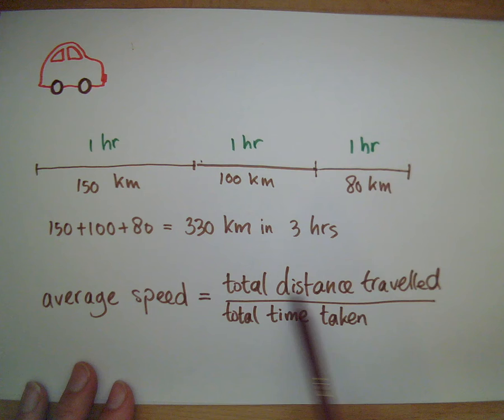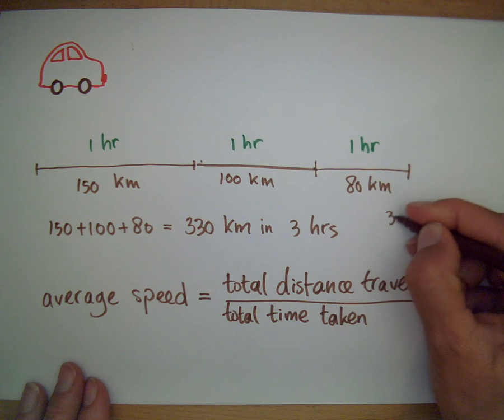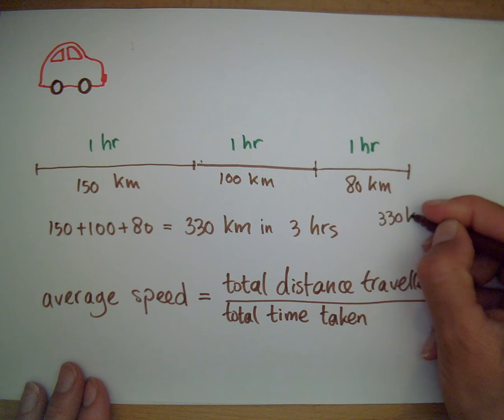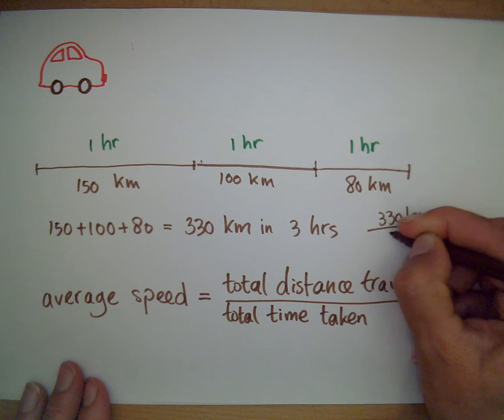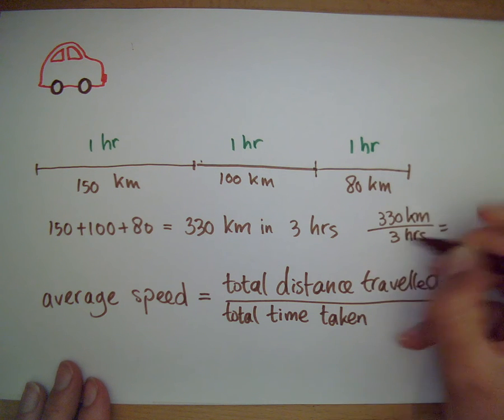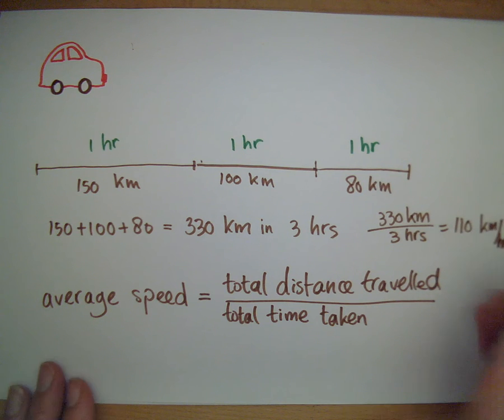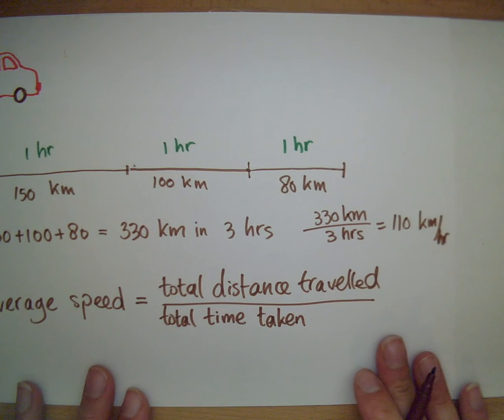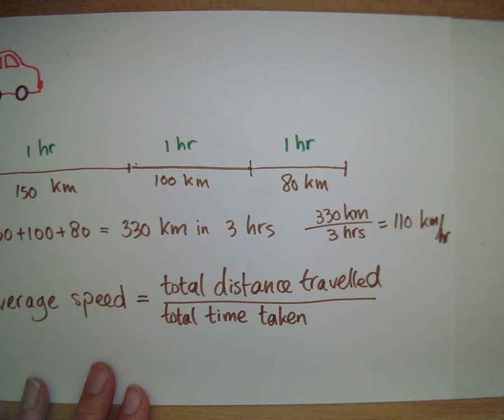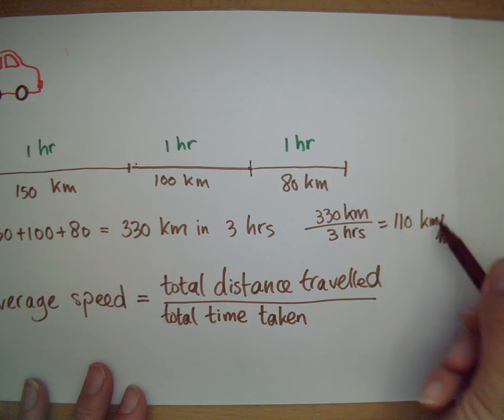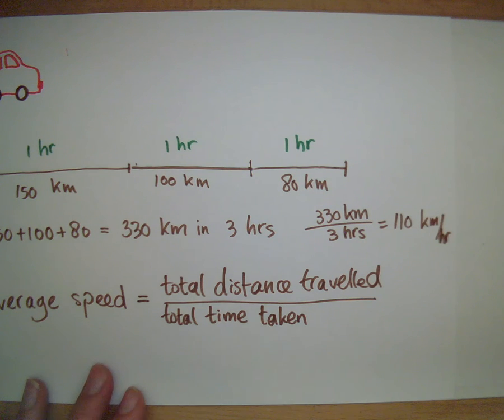I drove a total of 330 kilometers and it took me a total of 3 hours. So 330 kilometers per 3 hours is 110 kilometers per hour, right? And I can tell my mom, well, I did not have a constant speed, but on the average, I was going 110 kilometers per hour, right?